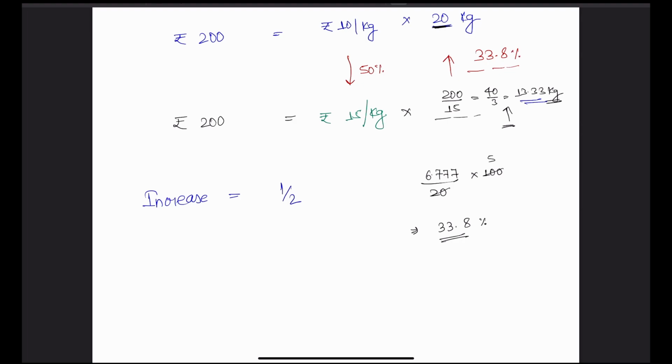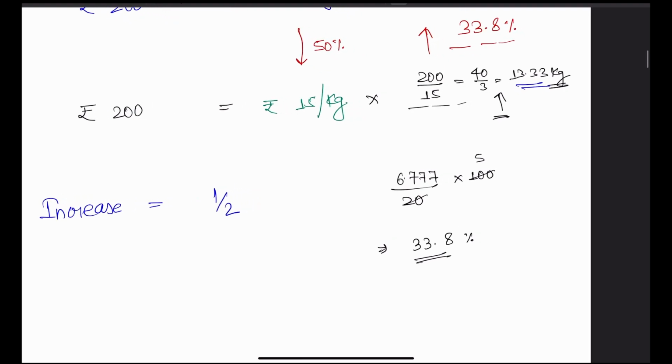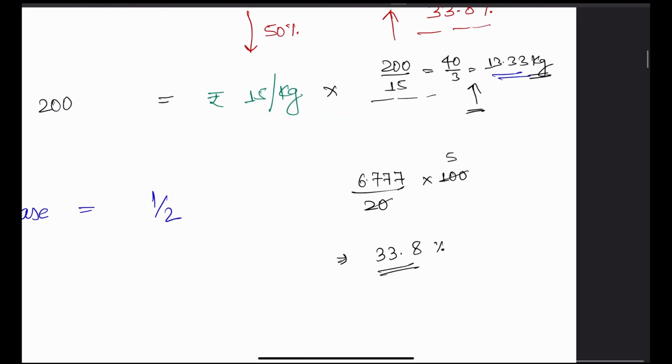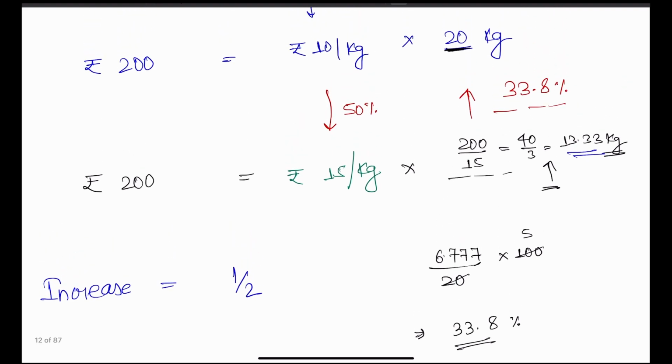So 33.8% in reality will be something like 13.33, right? 13.33 minus 20 will be 6 points.